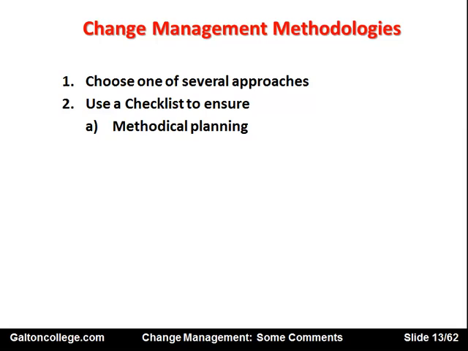Methodical planning is essential. It's crucial that every aspect of the change is anticipated, written down, discussed, and contingencies are developed in case something goes wrong or there's some deviation from the plan.